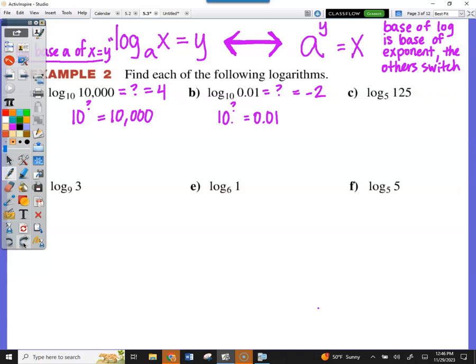So let's just practice working this in our head. It has to equal something. So 5 to what power equals 125? It's 3. Good job.